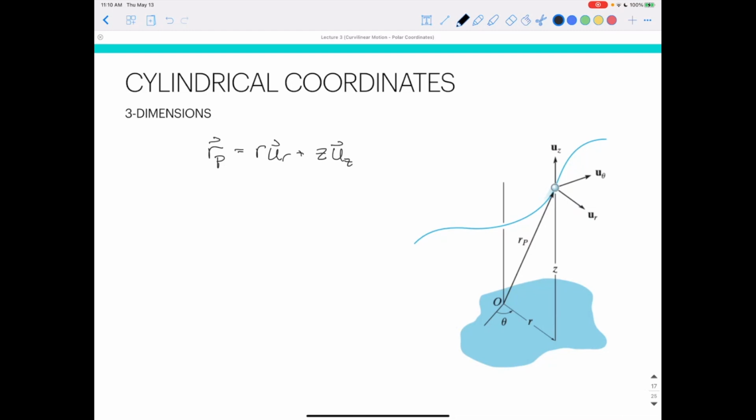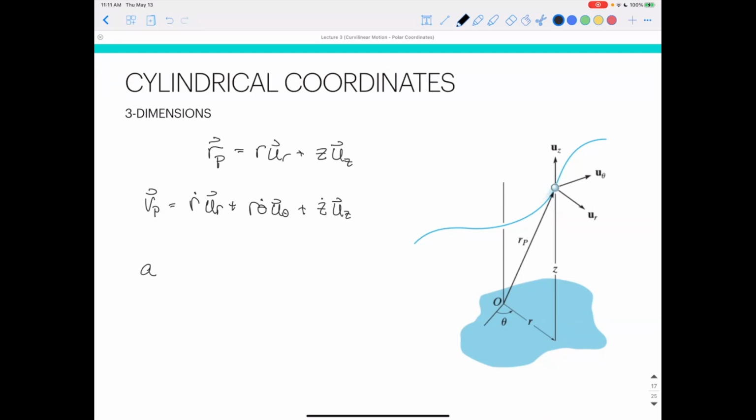If we take the time derivatives and go through all of our steps again, we get v_P equal to r dot ur plus r theta dot u theta plus z dot uz. The motion in the z direction is just everything in front of that uz direction vector, and it's exactly the same as our rectilinear motion.